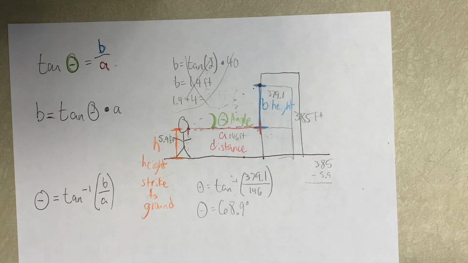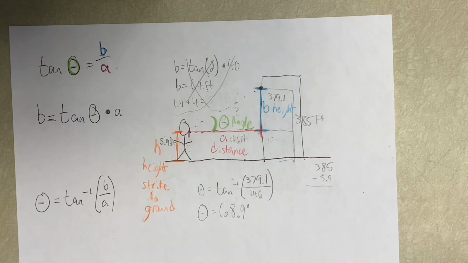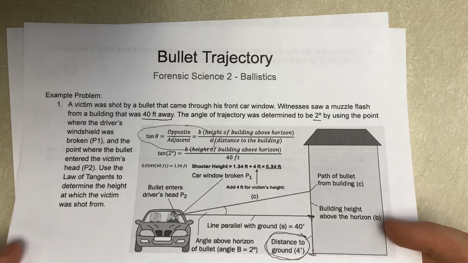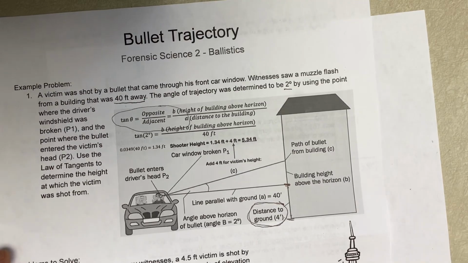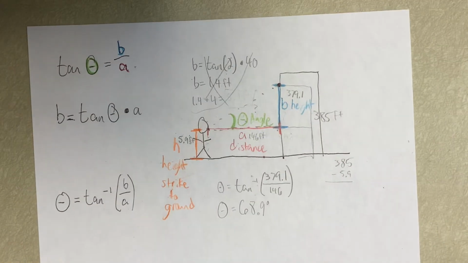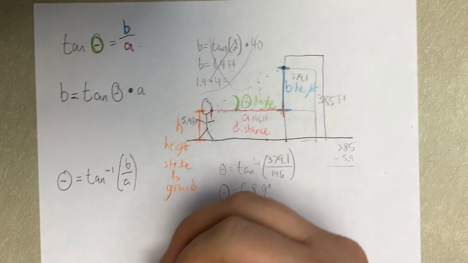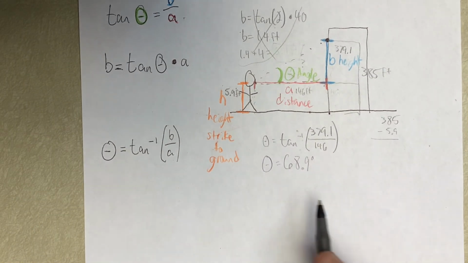So we've gone over the example problem. We've gone over 2. There's one more interesting one that it is going to ask you to do. It might ask you how far away was the victim instead. Not to waste your time, I'm going to give you the formula for if it's asking for the distance away.